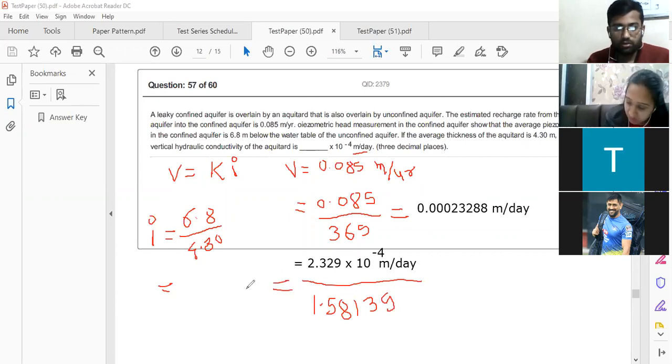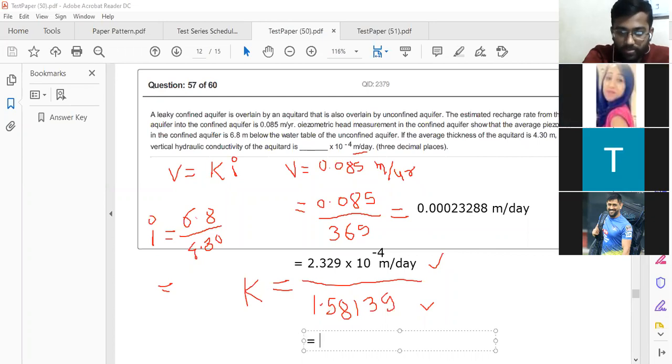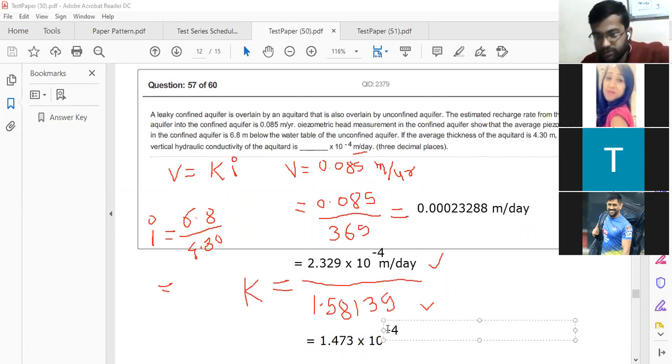Okay, you get your K. K is equal to V by I. So this is your V, this is your I. Calculate this and you get your final answer, 1.473, multiplied by 10 to the power minus 4. Keep this minus 4 as it is.